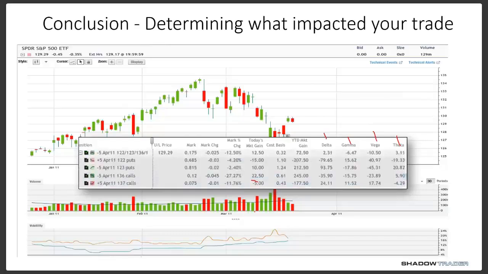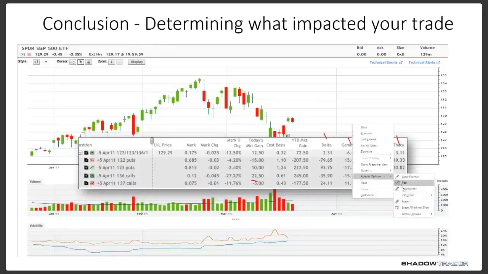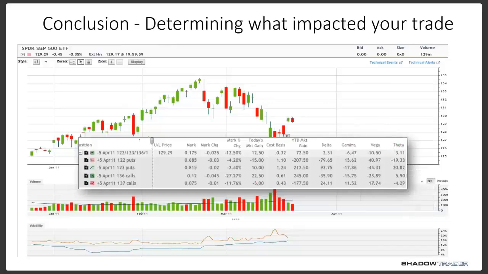All right. So here's the breakout of all the pieces. A 122 put long, a 123 put short down in here. We're short a 136 call up in here, and we're long a 137. Again, my short put, my short call.